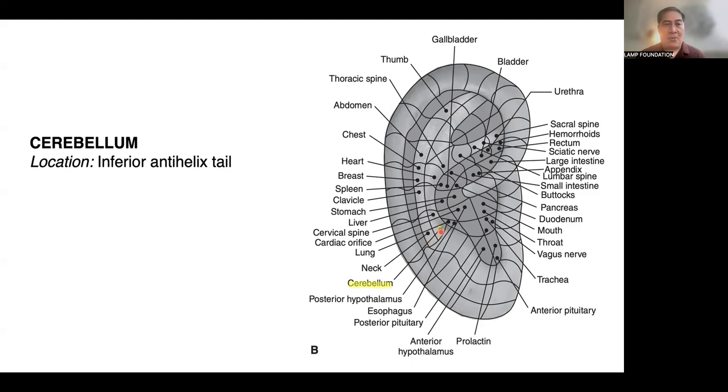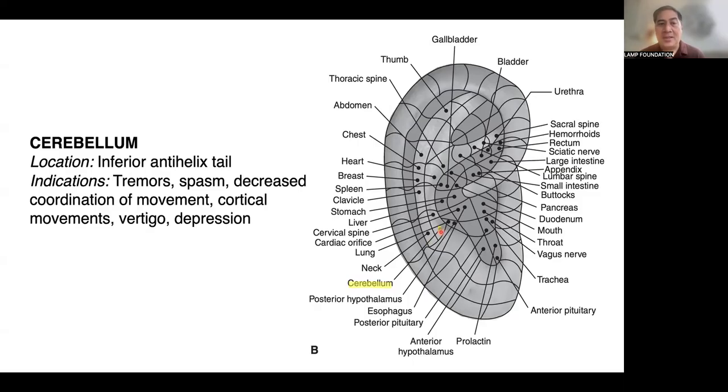Now, this is quite important because there are many people suffering from tremors, hand tremors, no? When they have wind, okay? So this is a more direct way of dealing with it. For those who have spasm and who cannot coordinate their movements, and those with cortical movements, and it is also good for vertigo, as well as depression.